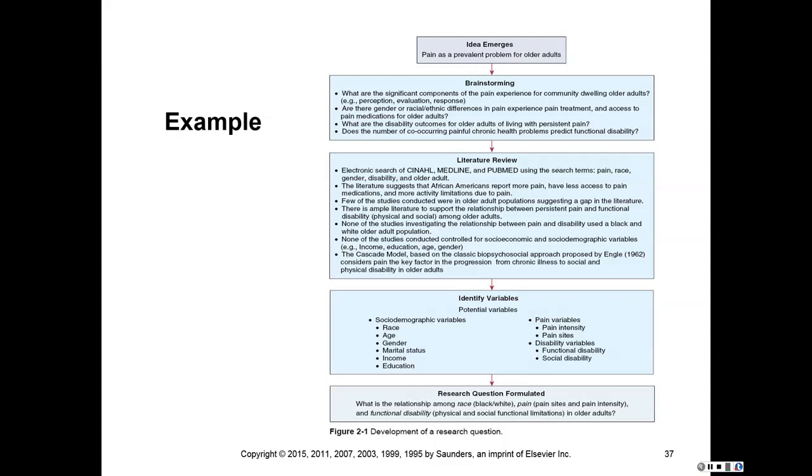So there's their theoretical framework. The variables are listed: socioeconomic, sociodemographic variables, pain variables, and disability variables. And they came up with their question: what is the relationship among race, pain, and functional disability in older adults? Right? So they have their research question. Okay.